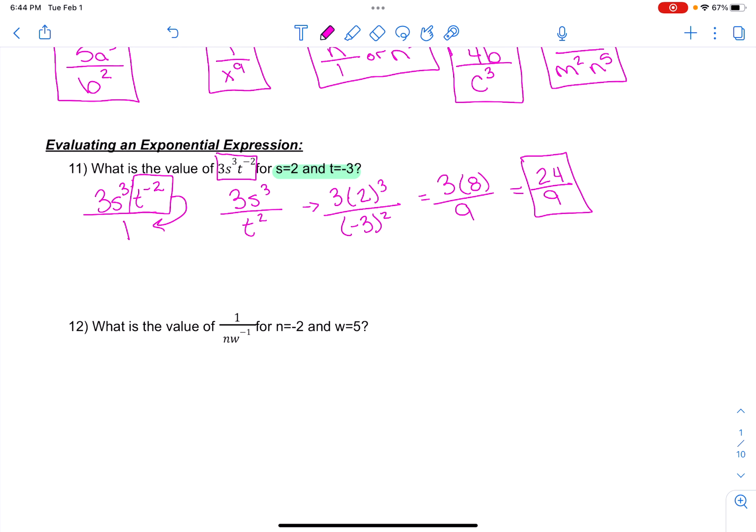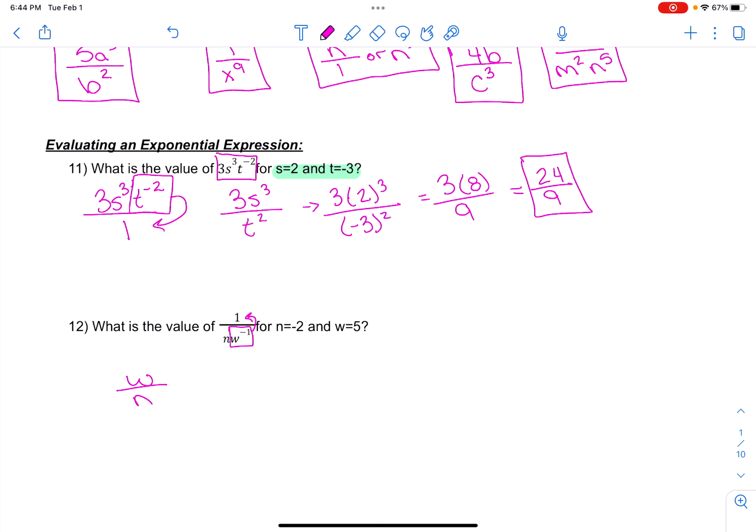Okay, and the next one, so it says, what is the value of 1 over nw to the negative 1 for n equals negative 2 and w equals 5? So again, notice that we have this negative exponent here. First thing I want to do is make my expression have all positive exponents. So I'm going to move just that piece to the top. So that gives me w over n.